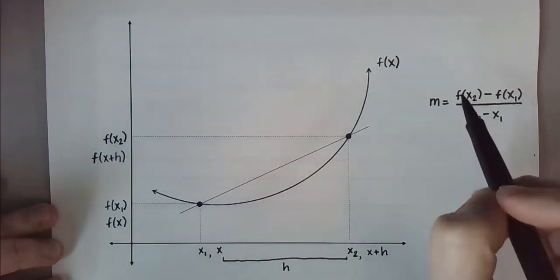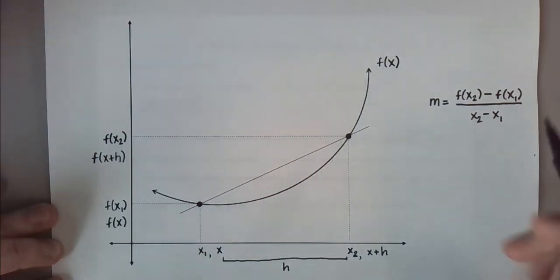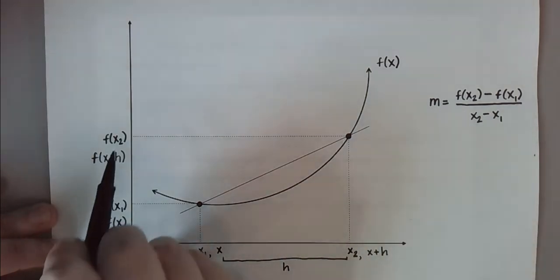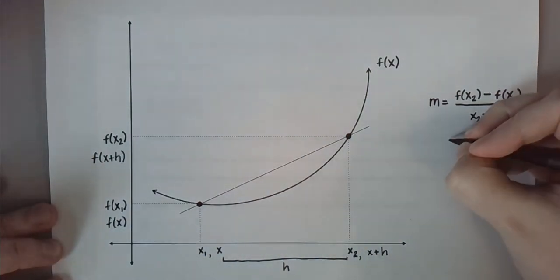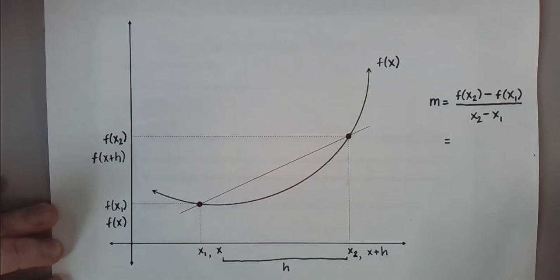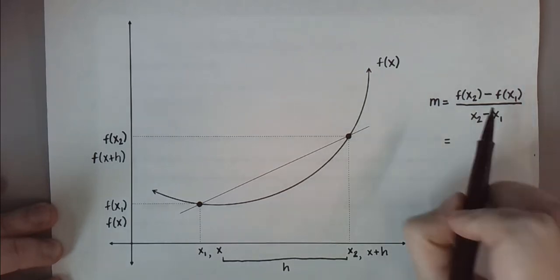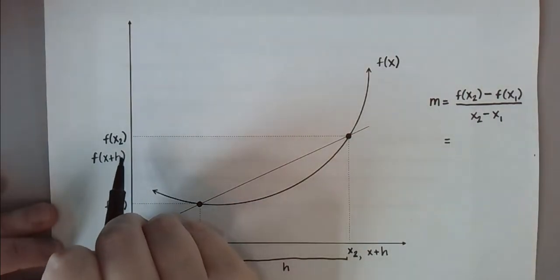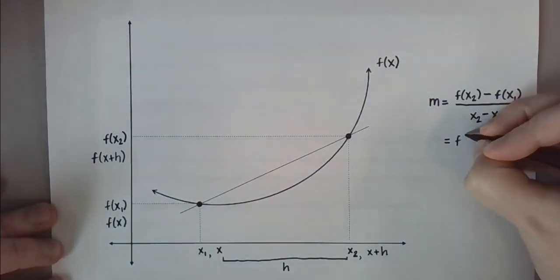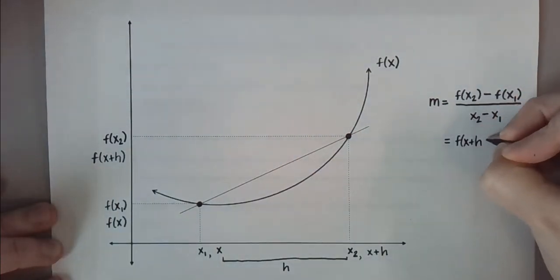So then the question is, how would this change our expression for slope if we use all of this new notation? Well, slope is still defined in the same way, but now we're using different notations for our x and y values. So in place of f of x2, we would call this f of x plus h.